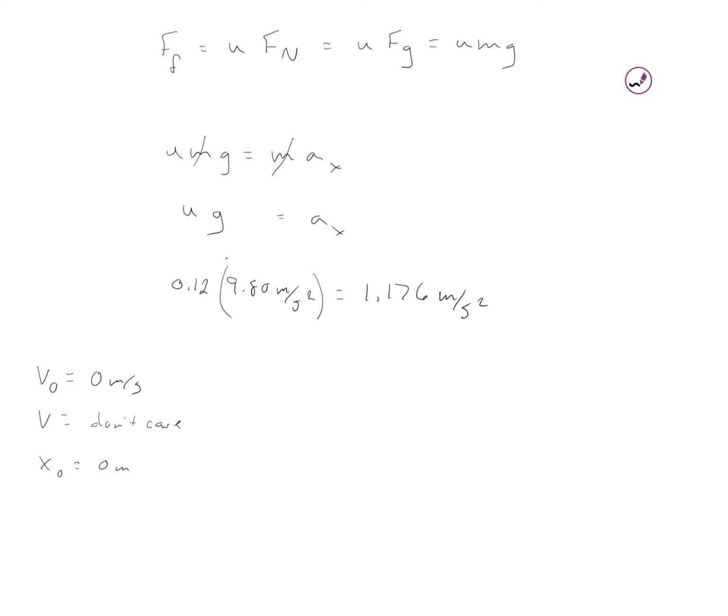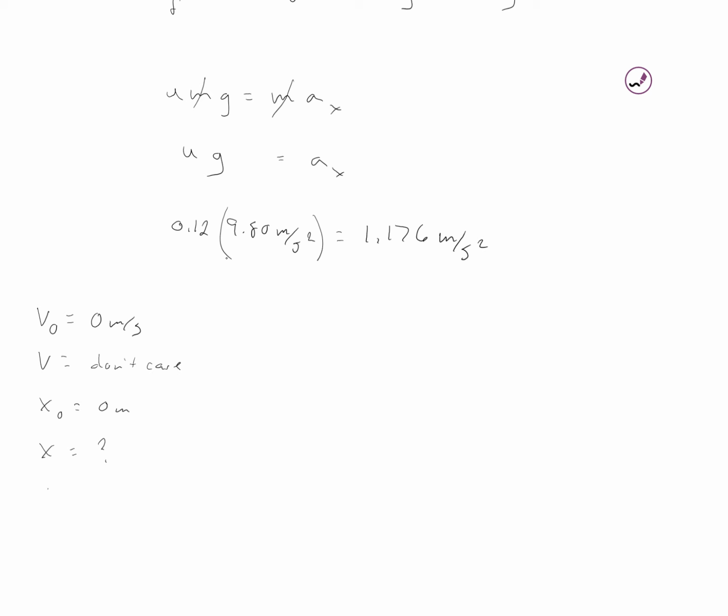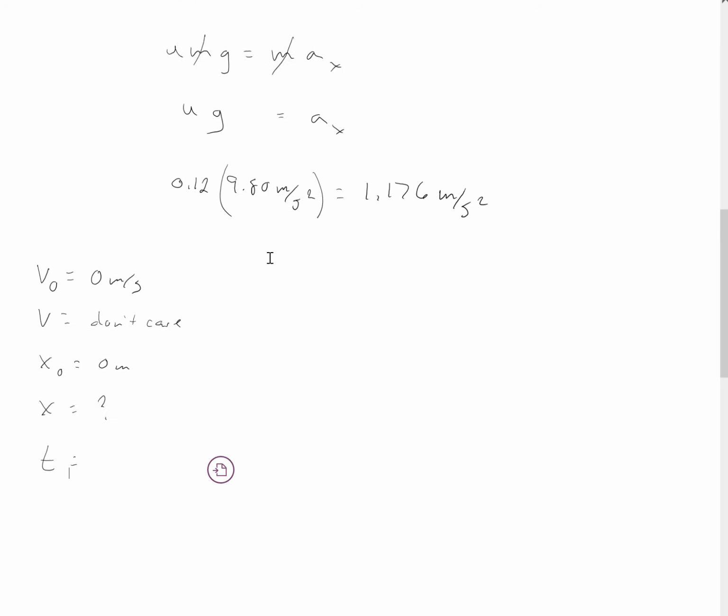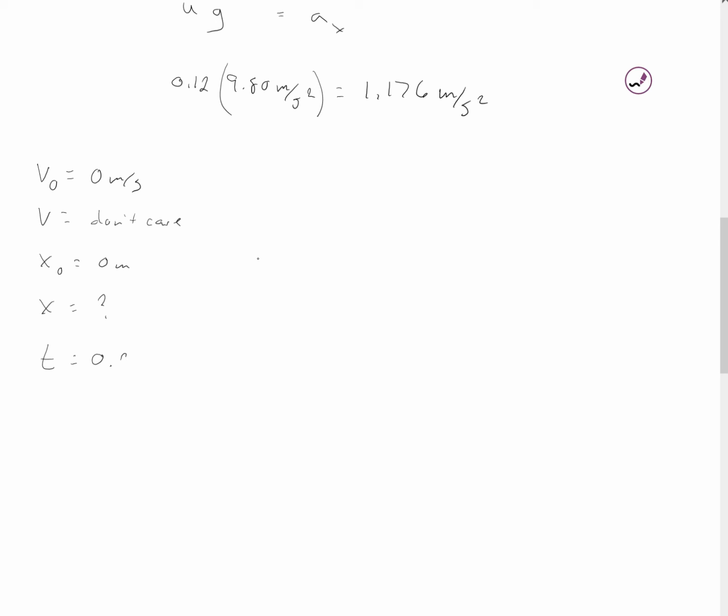I'll define them to be at the origin initially. I want to find where they are going to be. That's the question mark. And my time interval is going to be 0.25 seconds. My acceleration, 1.176 meters per second squared.